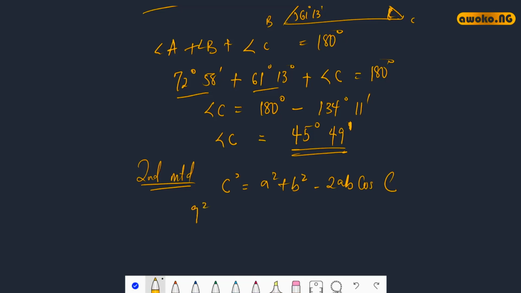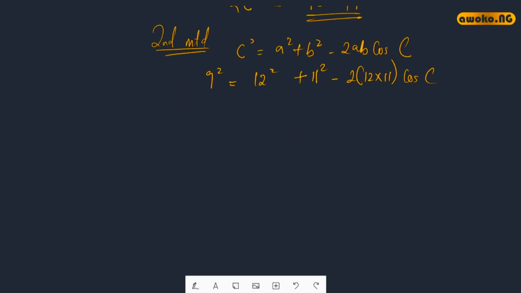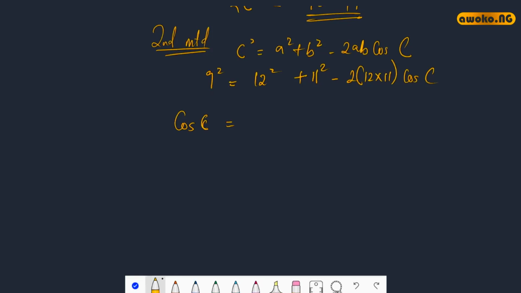So we have 9 squared equals 12 squared plus 11 squared minus 2 times 12 times 11 cos C. If you solve further, cos C will give us 12 squared plus 11 squared minus 9 squared all over 2 times 12 times 11.